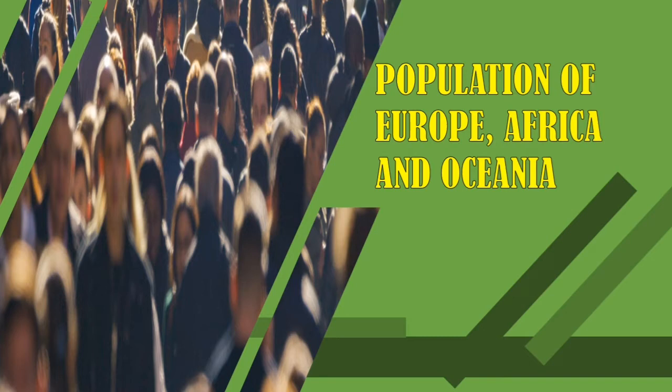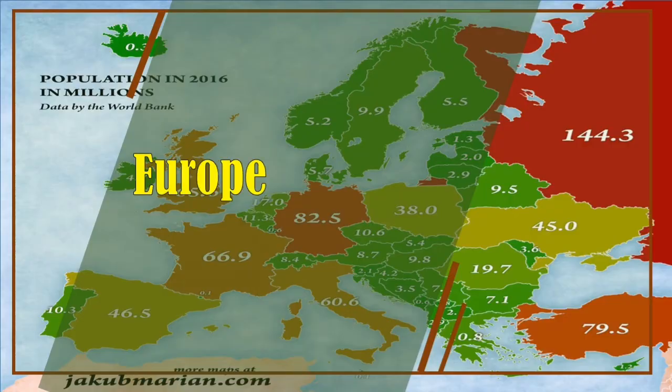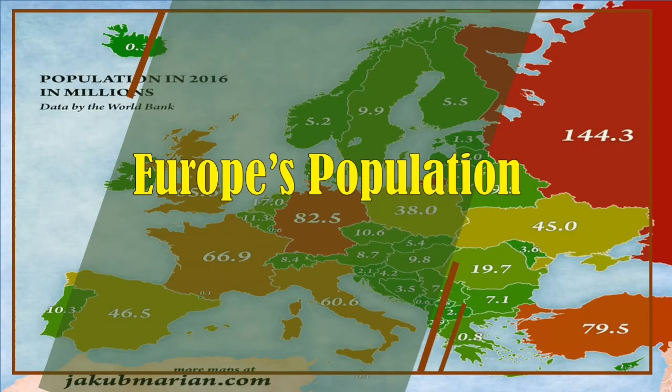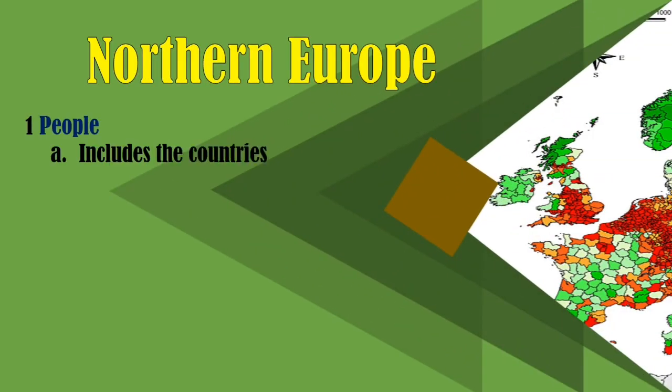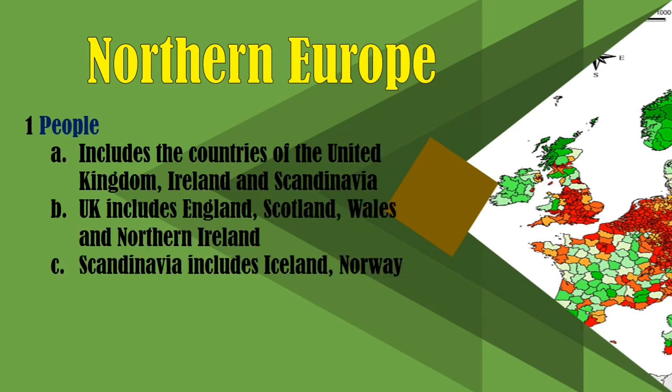Our topic this afternoon is on the population of Europe, Africa, and Oceania. Let's start with the population in Europe. First, we have Northern Europe. People in Northern Europe include those in the countries of the United Kingdom, Ireland, and Scandinavia.